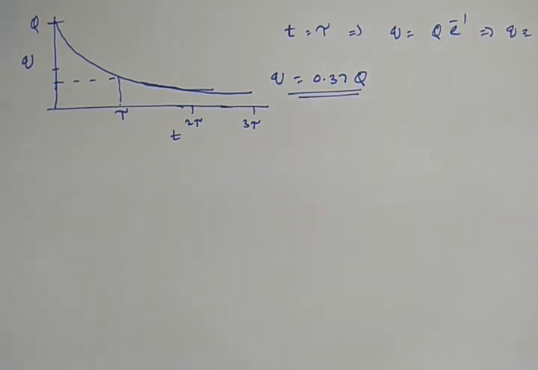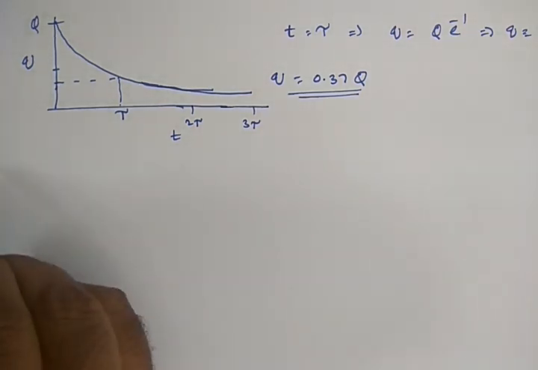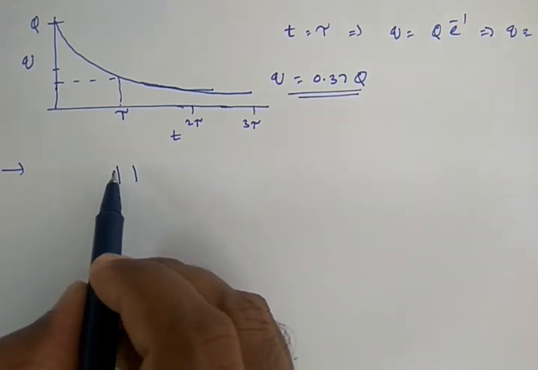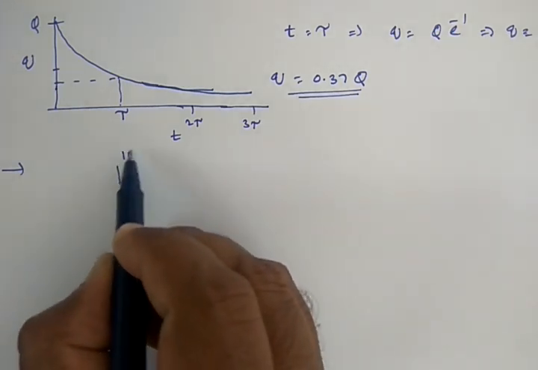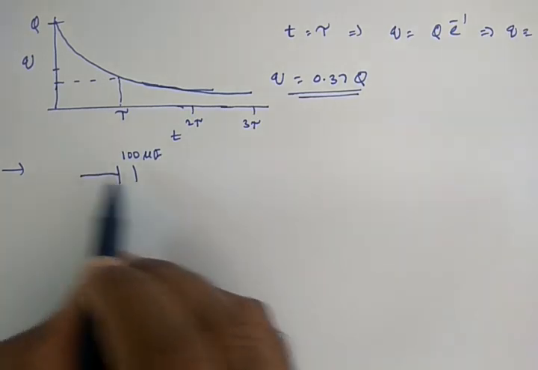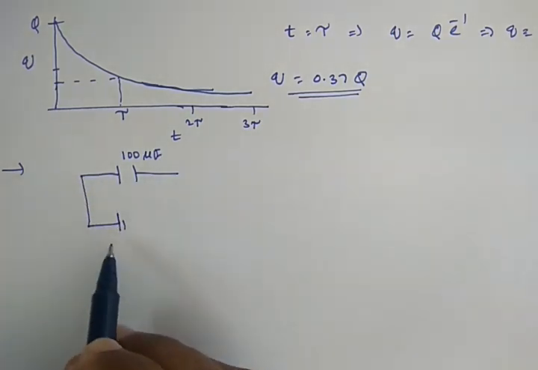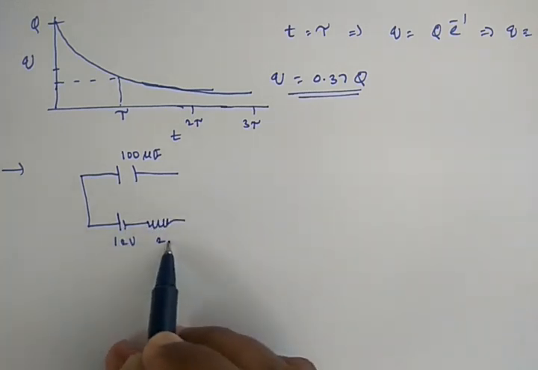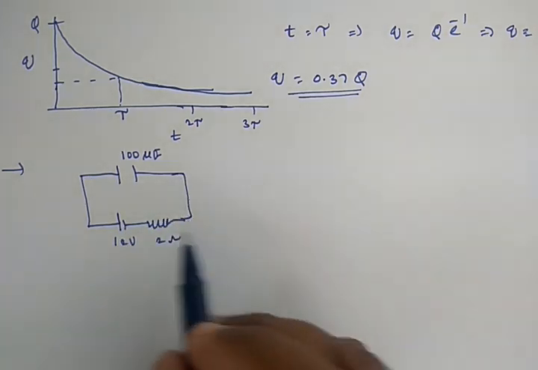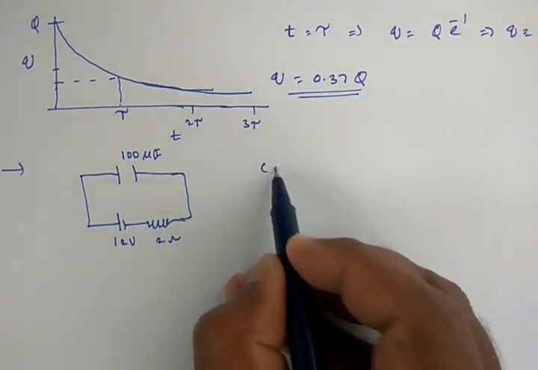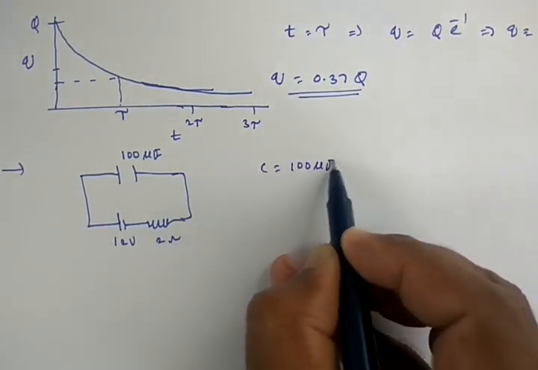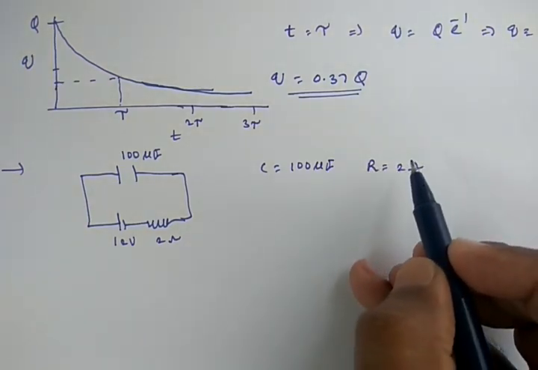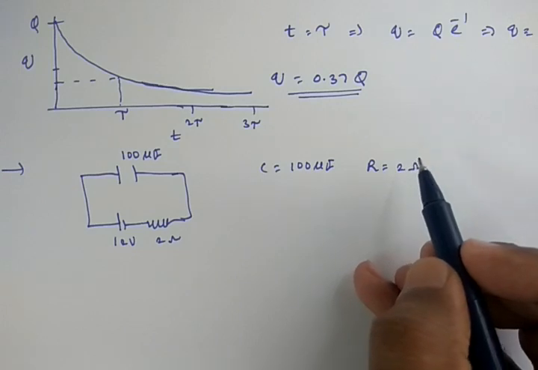Now we are taking a capacitor here, and we are connecting it to a battery of EMF 12 volt and internal resistance 2 ohm. The capacitance is 100 microfarad and the resistance of the circuit is 2 ohm. Then we need to find the time constant of the circuit.